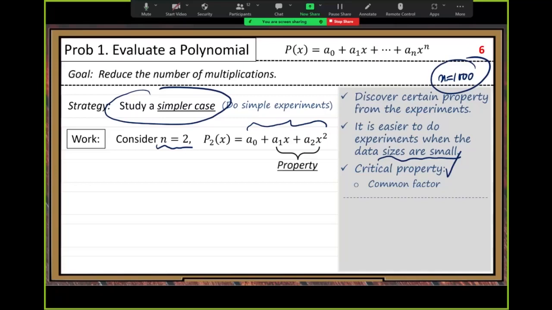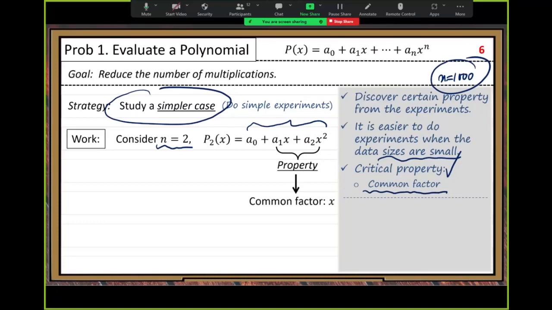So try to observe some property here. What's the property? The property here is that these 2 terms have a common factor, x. If you have a common factor, we can factor it out.